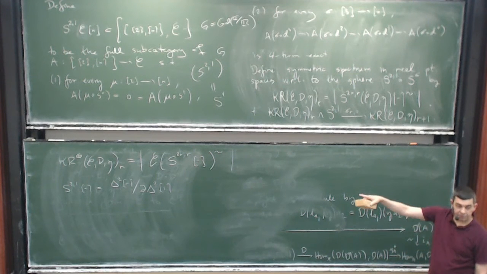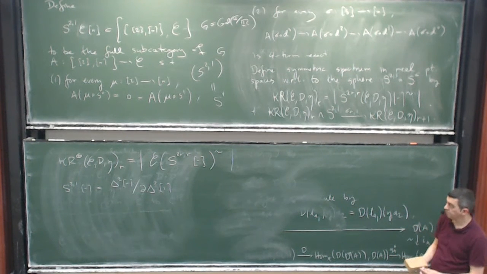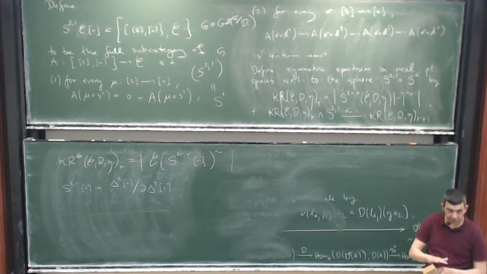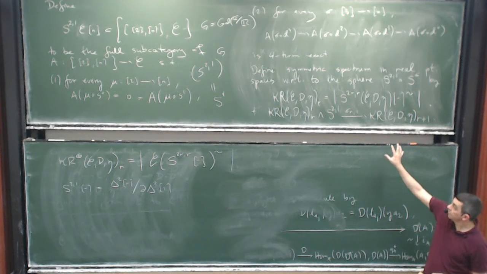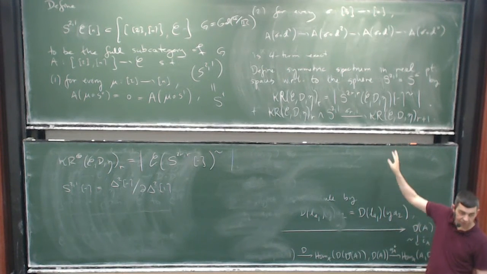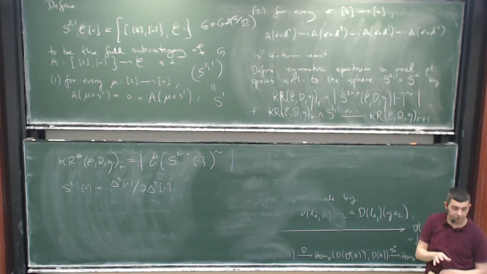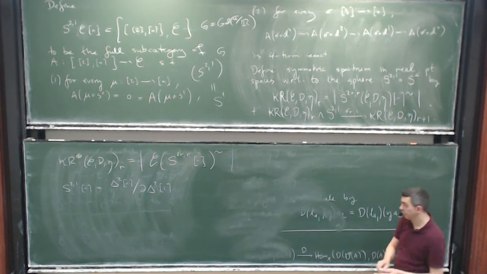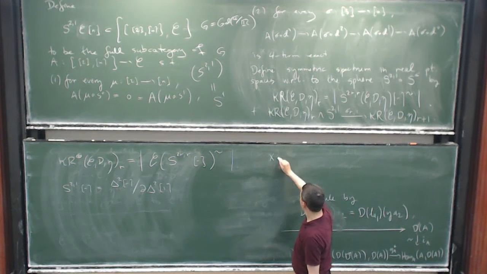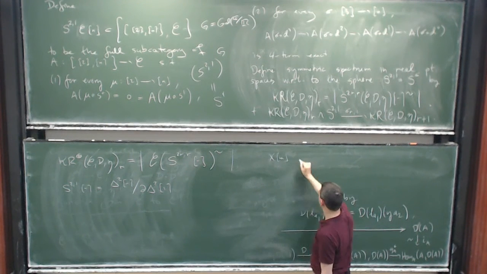In the case where the duality is strict, then this simplicial set here will be a real simplicial set. So should I explain what that means? It means that you have some set here, and now you have an involution on that.